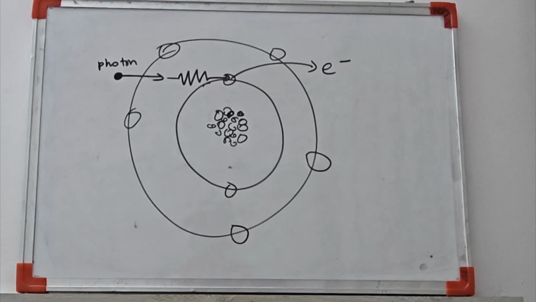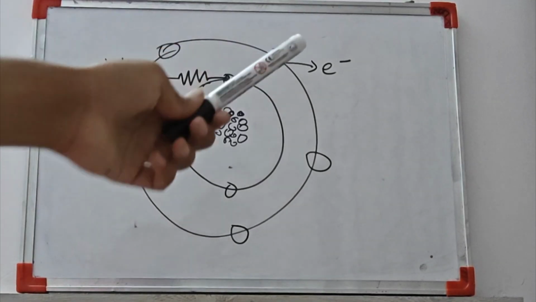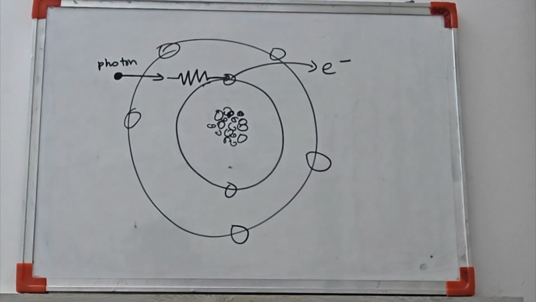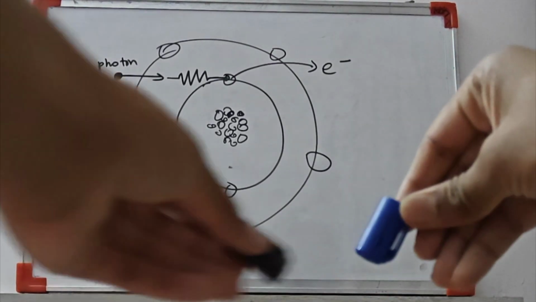Okay, let's see what's happening here. We put a light ray on the metal, so the photon is going onto an electron. The photon is a particle, and the electron is also another solid particle. So, for example, this is an electron and this is a photon.